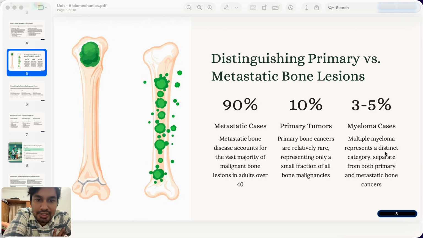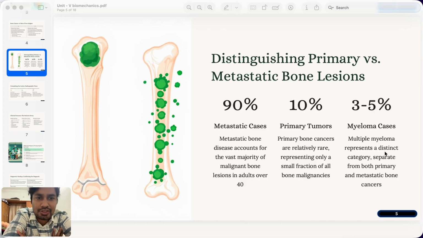So metastatic disease accounts for the majority of malignant bone lesions, especially over the age of 40. This is about 90% of the cases, and 10% primary tumors is also possible, and 3 to 5% myeloma cases are also possible.